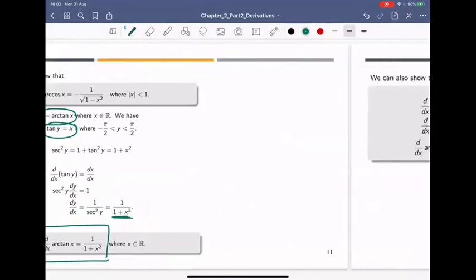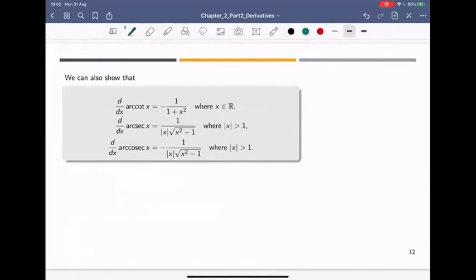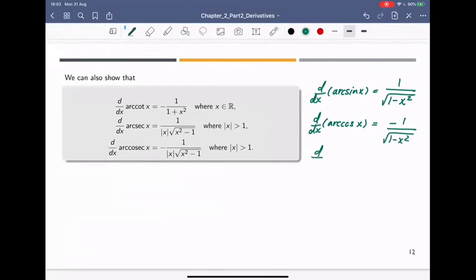All right, so let's look at an example. To sum up, your formulas are: differentiate arc sine, and you get 1 over square root of 1 minus x squared. Differentiate arc cos, and you get the same thing with a negative sign.